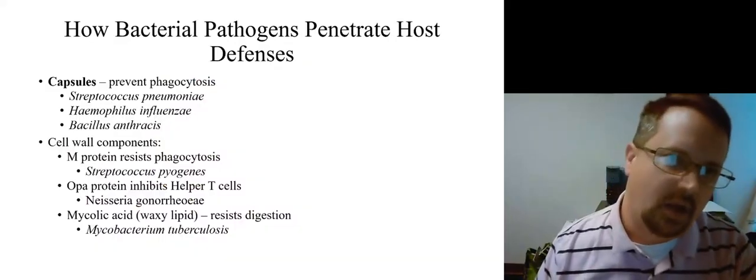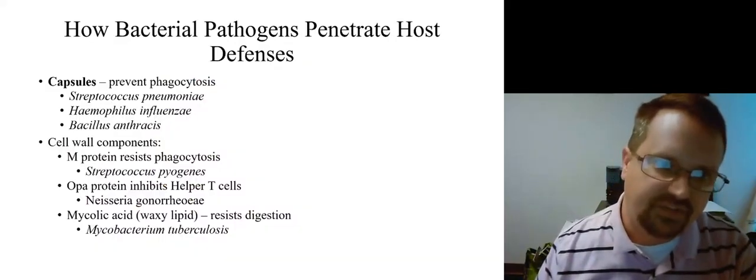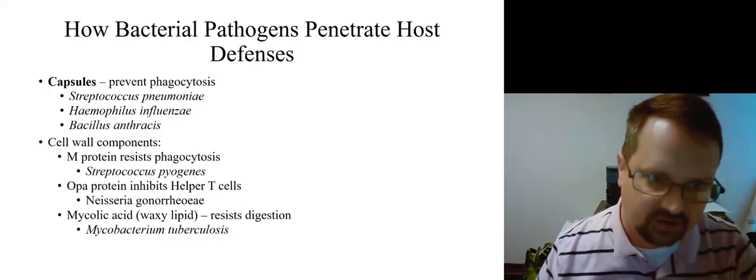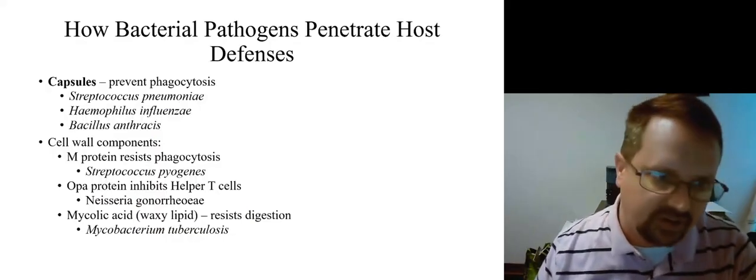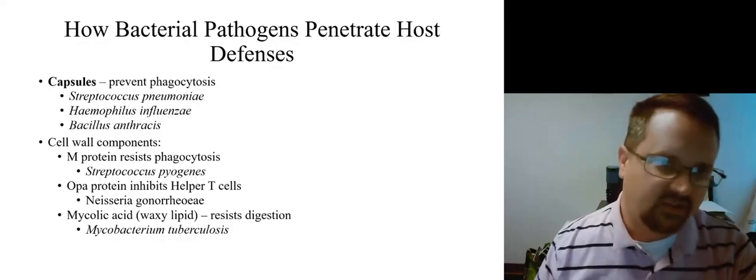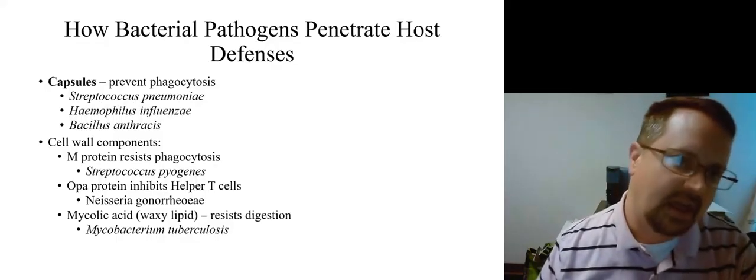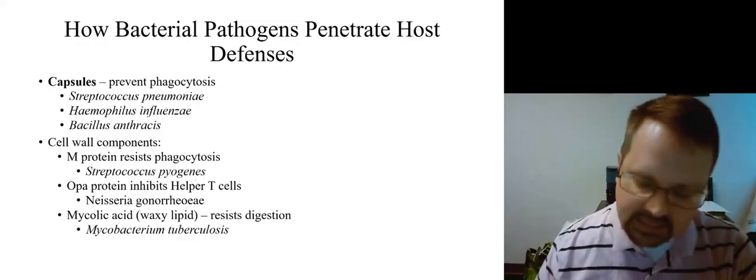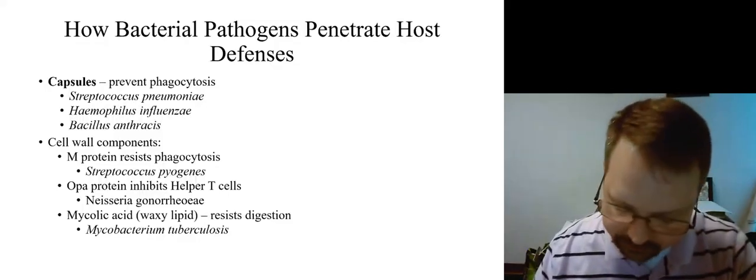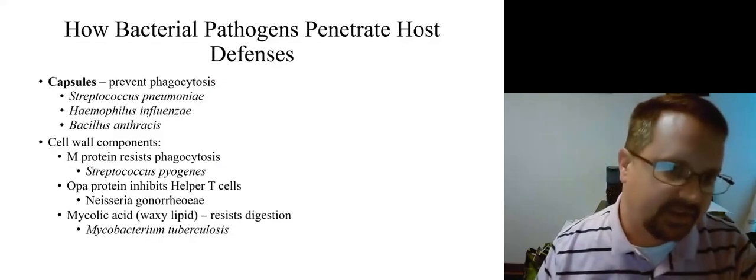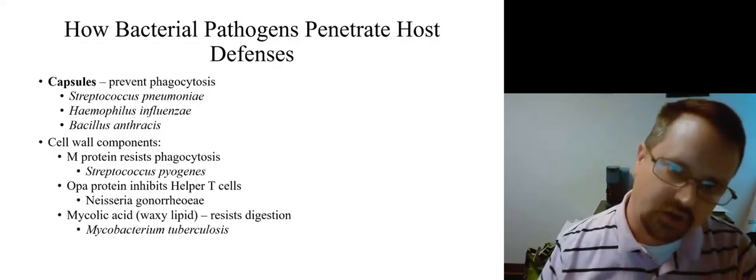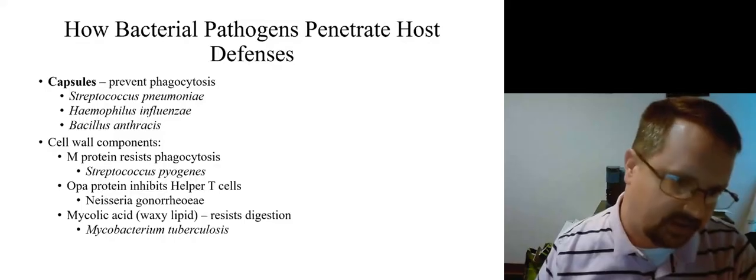All right, now they can penetrate our host defenses with capsules that prevent phagocytosis, so they can get past our phagocytes. Streptococcus pneumoniae, Haemophilus influenzae, and Bacillus anthracis are all encapsulated bacteria that do that.